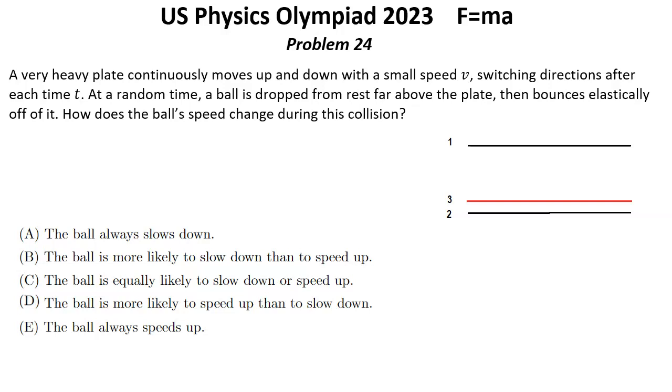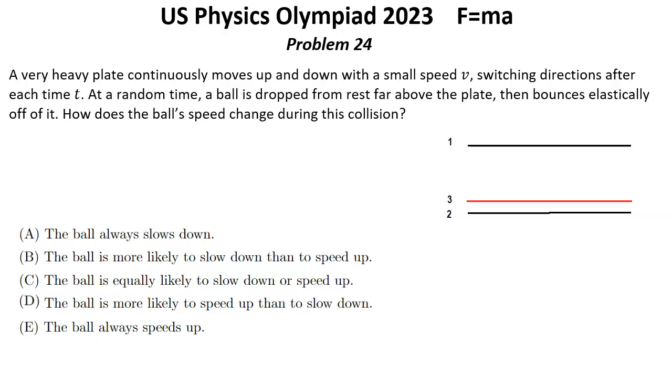And when the plate is going from position 3 to position 2, still down, this ball has no time to reach it. So it means that during the time when the plate is going from position 3 to position 2 and from position 2 to position 1, our ball will collide with the plate when the plate is going up.